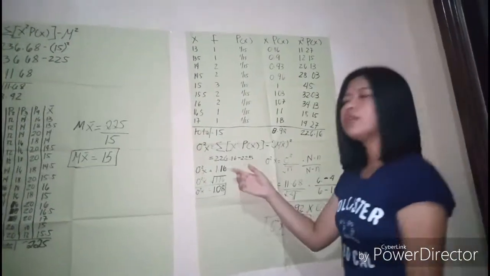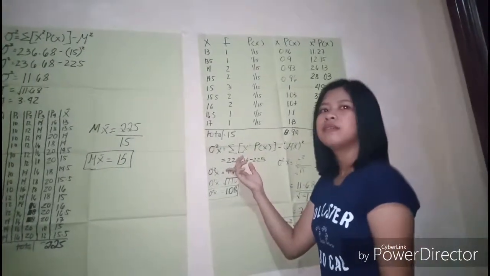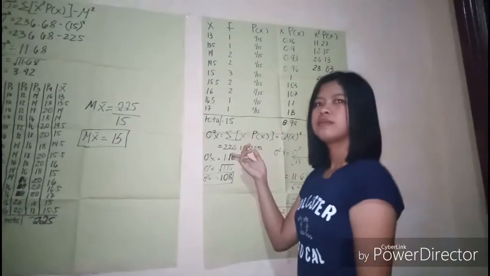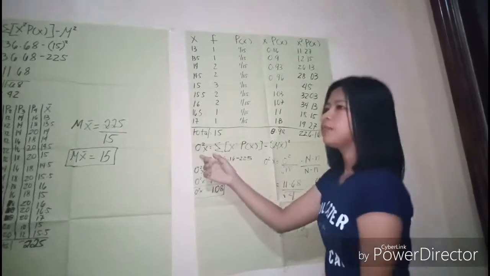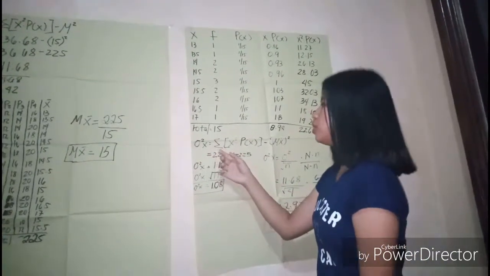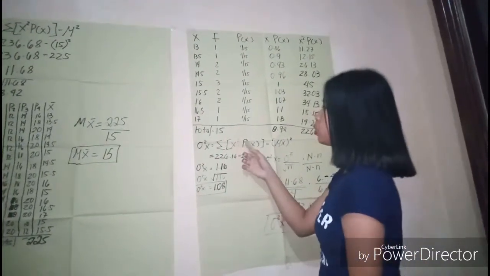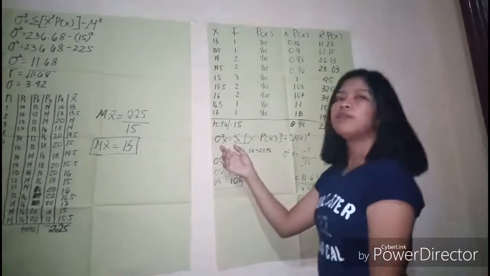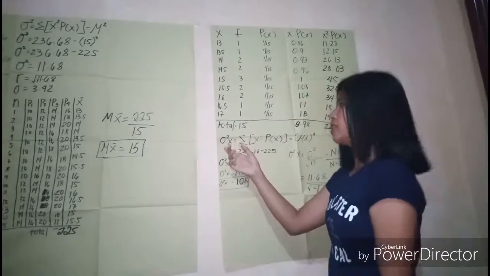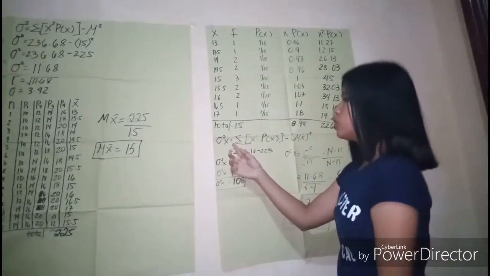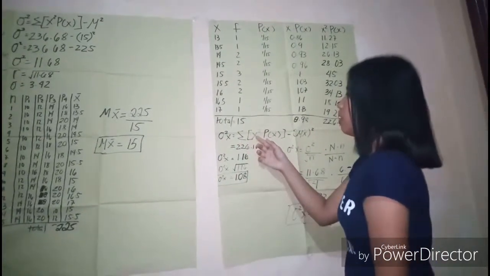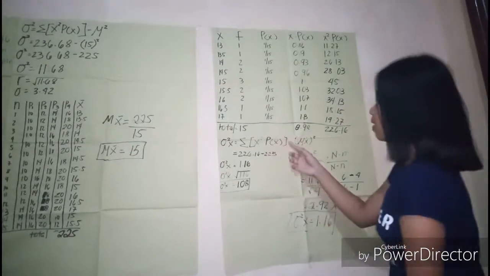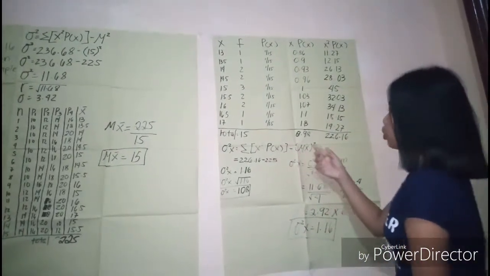So, ito yung mga formula ng sample variance. Sample variance is equals to summation bracket x squared times p of x bracket minus mean squared.